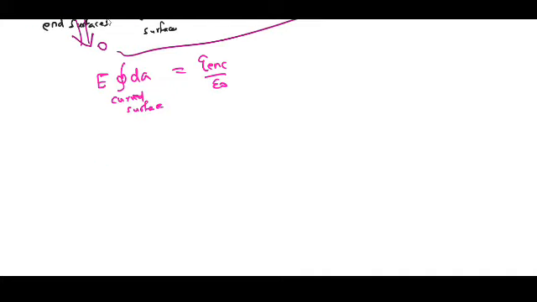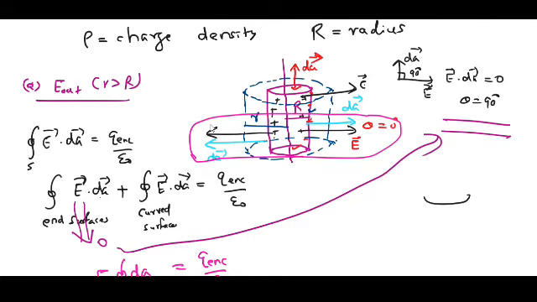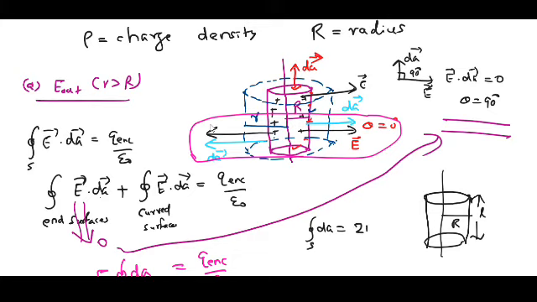Then, what is the area of the curved surface? If you refer to this figure, the solid cylinder has a radius R, and if its length is small l, then the area, that is surface integral dA, is nothing but 2 pi r, as our Gaussian surface has radius small r, into its length.